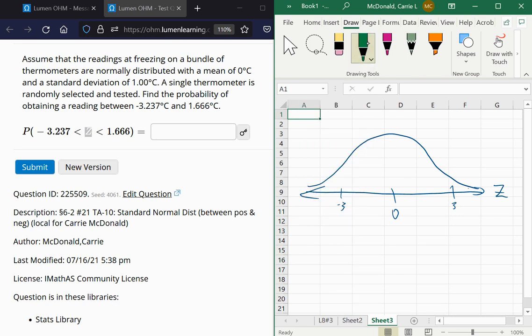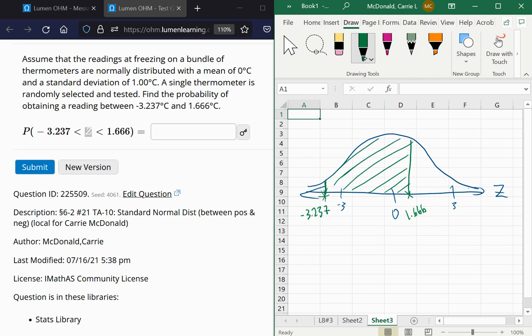We have -3.237, and then we also have one at 1.66. And then we're going to shade in between.